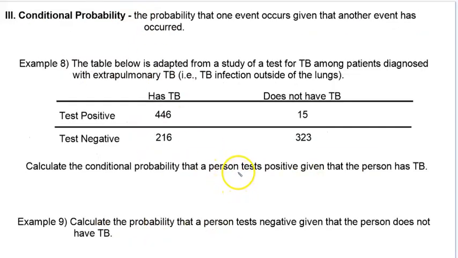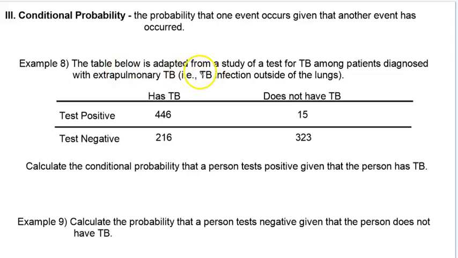And then finally, we'll wrap up our video here, the notes, with conditional probability, the probability that one event occurs given that another event has occurred. So let's look at this table and see if we can figure out a methodology for coming up with conditional probability.